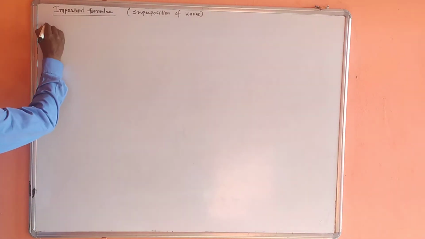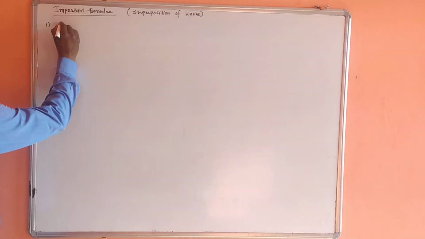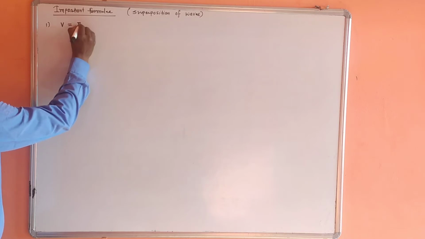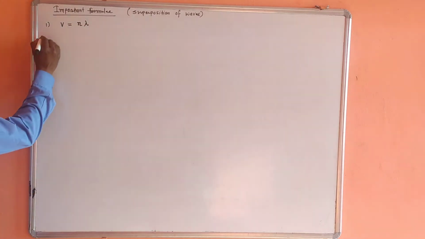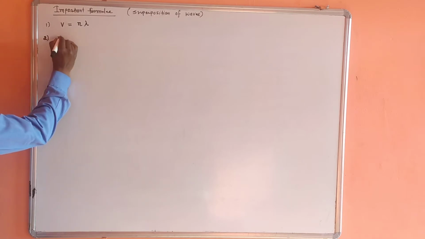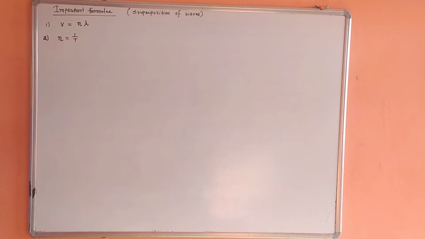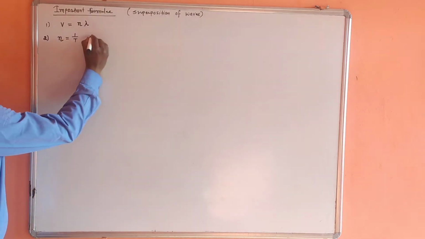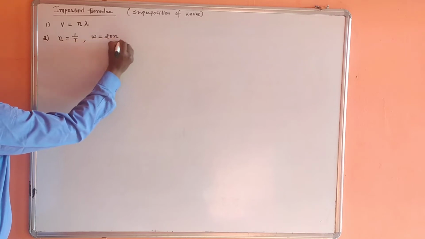So first formula, we know that wave velocity v is nothing but frequency into wavelength. Second one, frequency is nothing but reciprocal of period, and this frequency is also related with omega, that is angular velocity, 2 pi n.